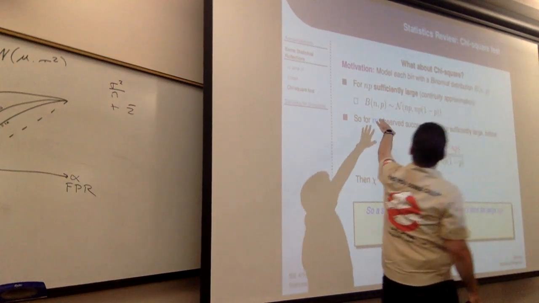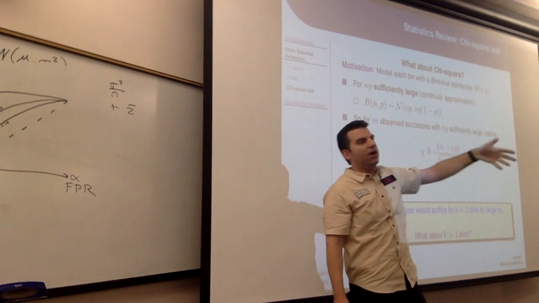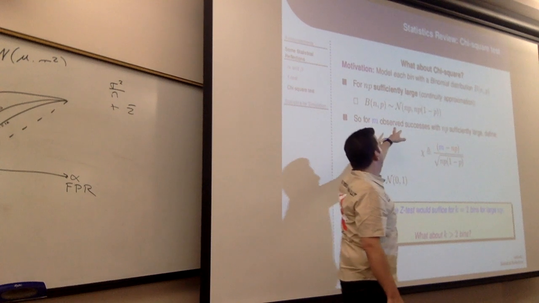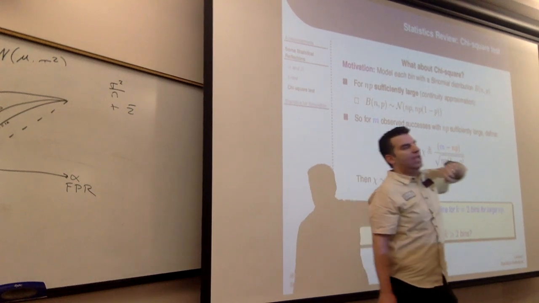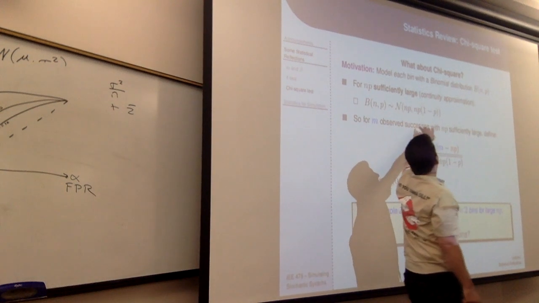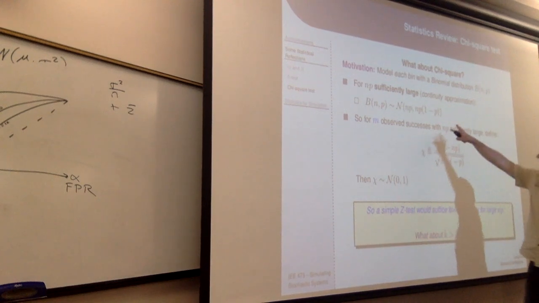What we find is that as the number of samples times the probability gets large, the binomial distribution, even though it's discrete, approaches the normal distribution with a mean of np and a variance of np times (1 minus p).